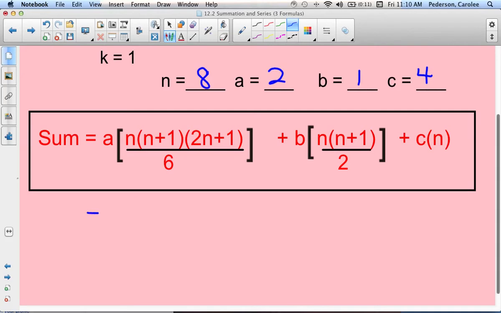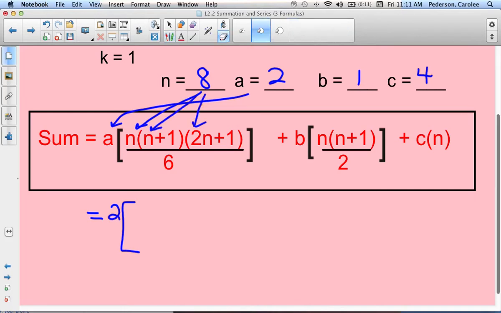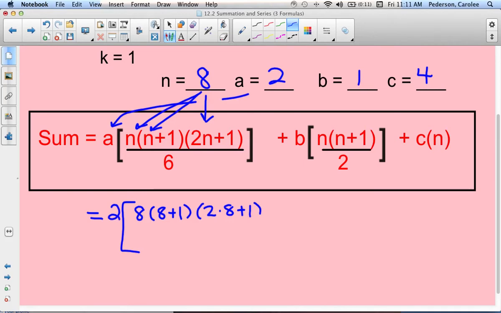So we just say the sum equals a is 2, bracket, and then now we start substituting in 8 in here, here, and there. So we have 8 plus 1, 2 times 8 plus 1, all over 6.